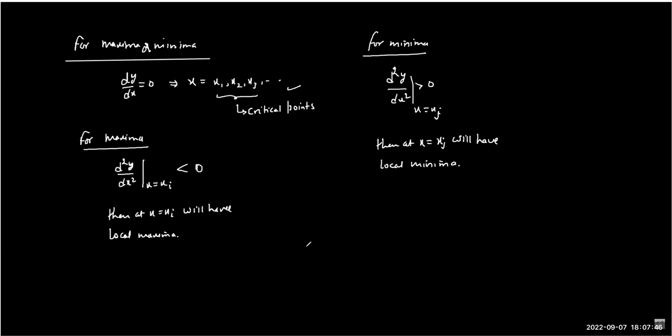So how do we solve questions of maximum and minimum? The rules are very simple. Generally the trend is you first find the relation.